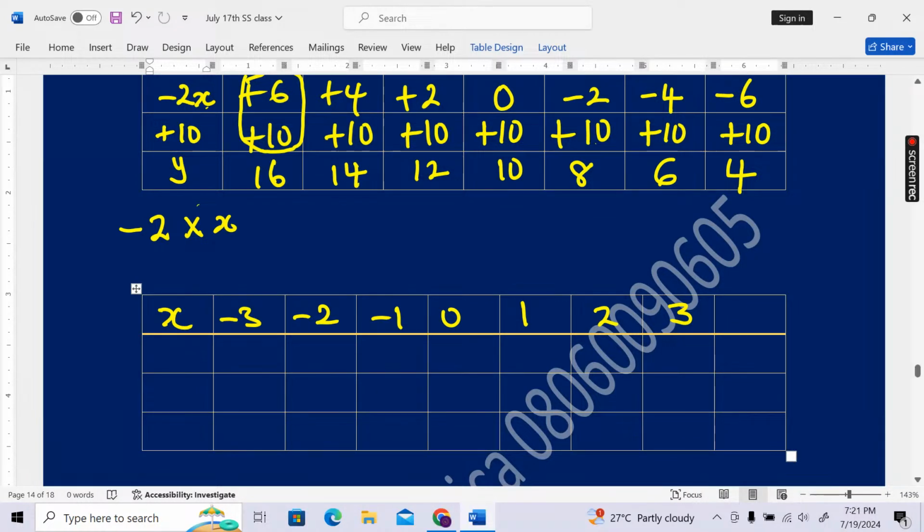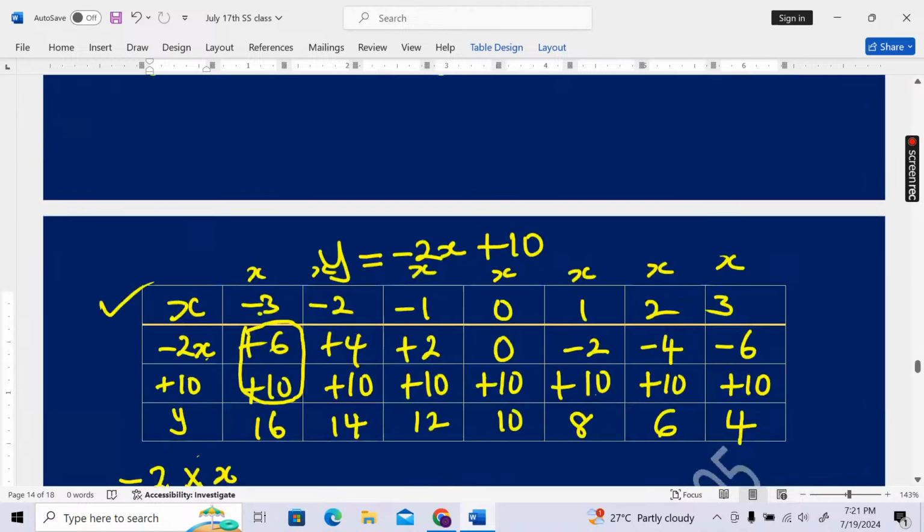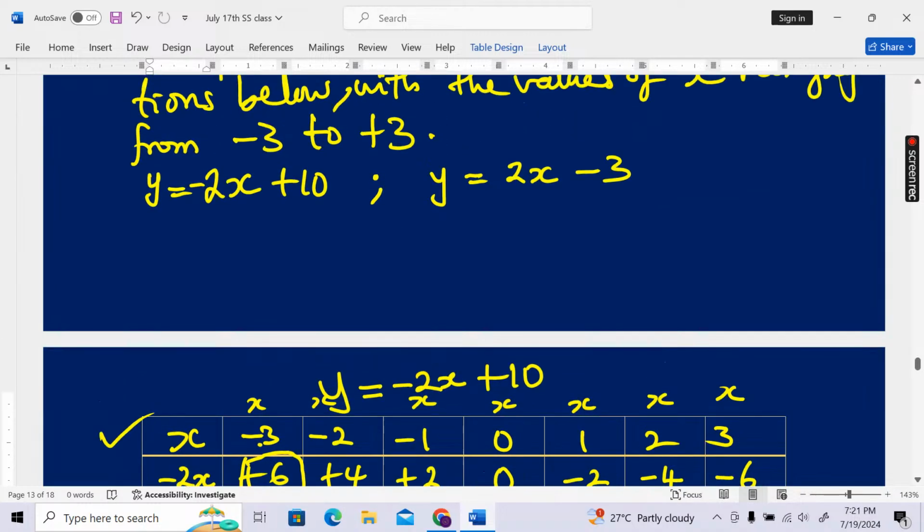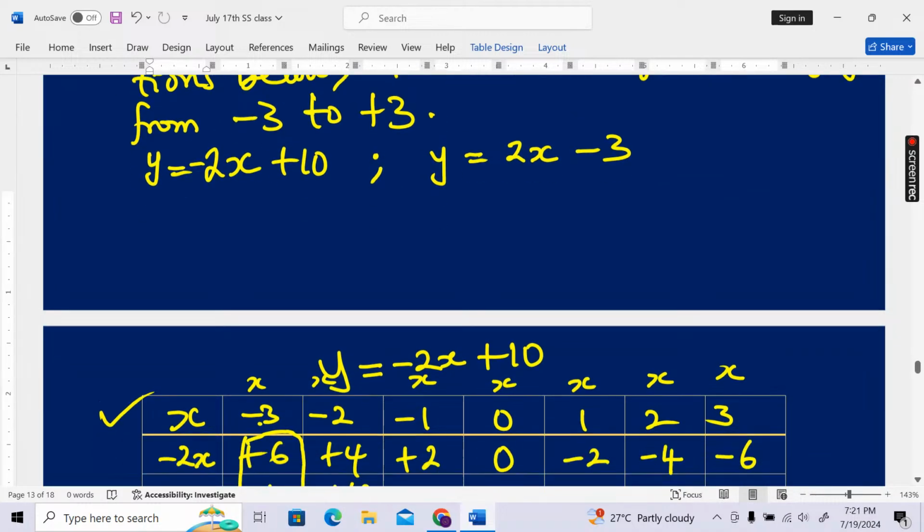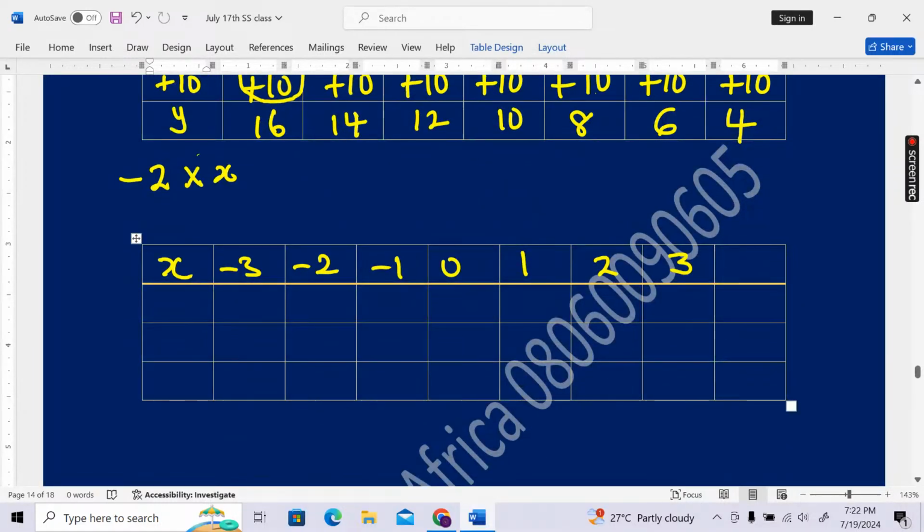Then, what are the terms? We have 2x minus 3. So that will be 2x right here, minus 3, then y.